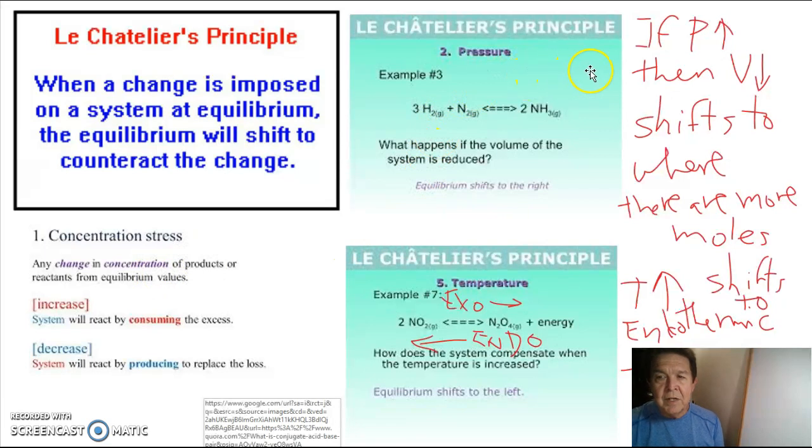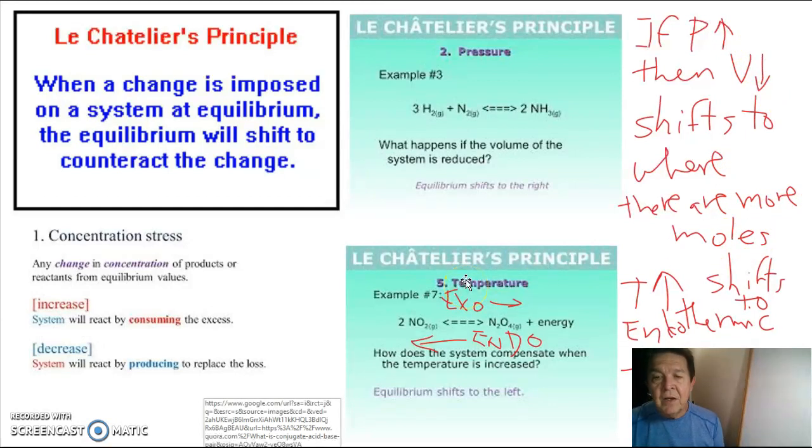The pressure and the volume are opposite, as you can see. Every time you increase the pressure, the volume is decreased and the reaction shifts to where you have fewer moles. Here it says more moles, but it is the opposite. If you increase the volume, then it will go where there are more moles.